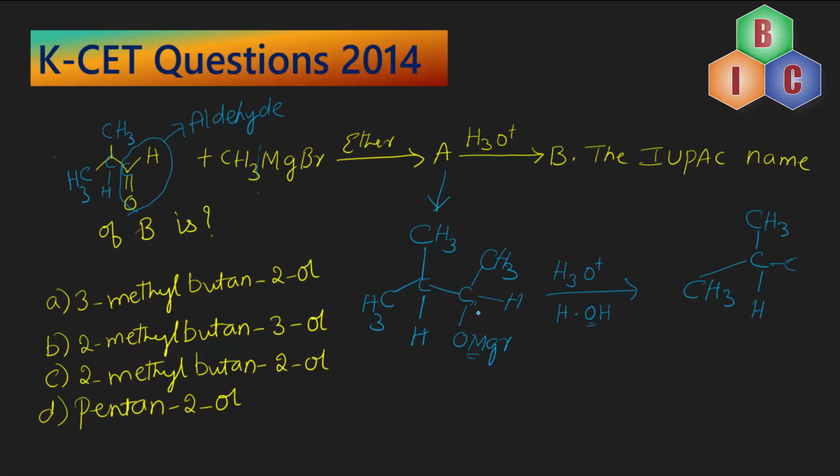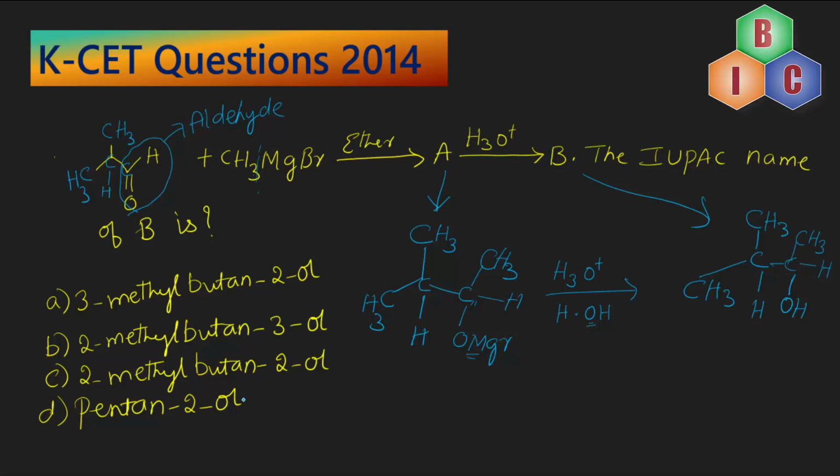Now what happens there? It becomes OH, and this CH3 I'll write here, and the hydrogen is intact. So upon acid hydrolysis, we have this compound which is being formed. So this is our compound B.